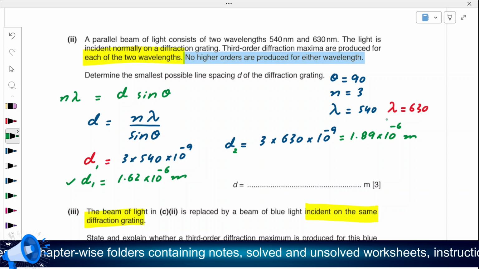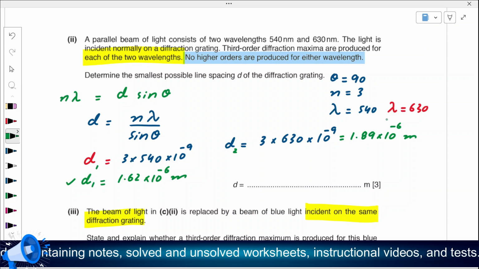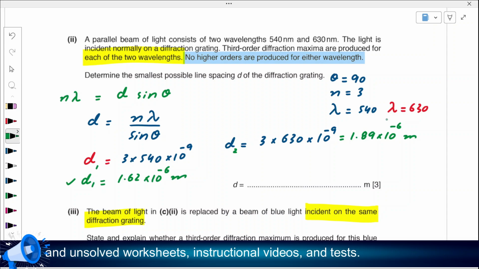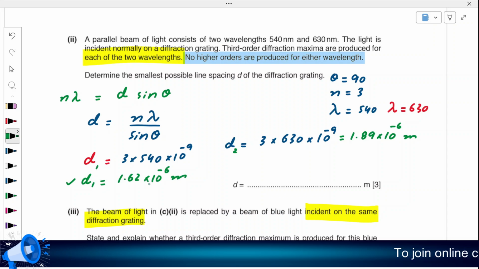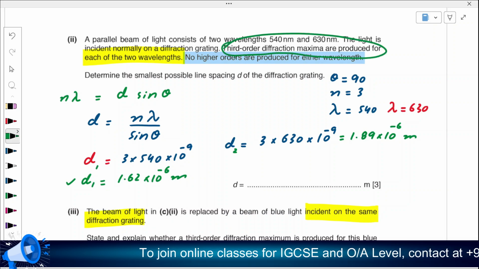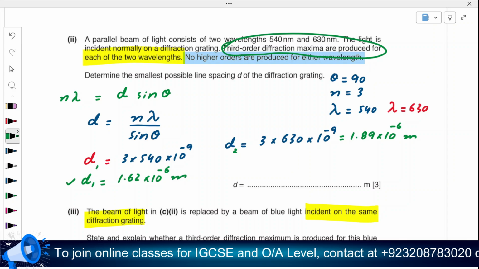So apparently it looks like the smallest value of d is 1.62, but we need to ensure that if we use this value of grating, then the third order maxima should be produced for both of the wavelengths.